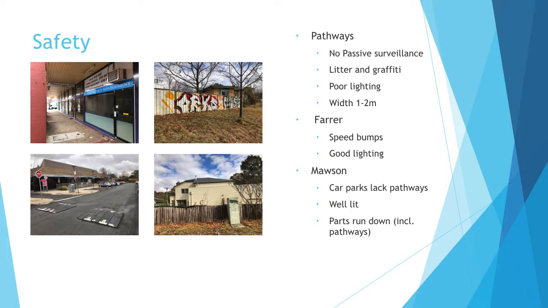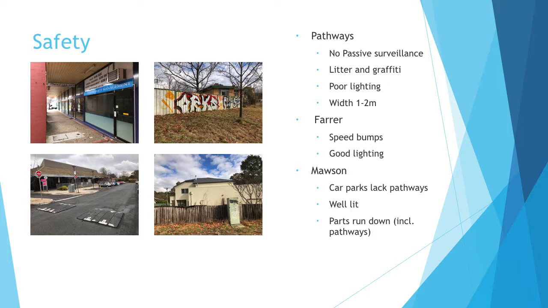Mawson car parks have no pathways, so there's the opportunity for conflict with cars. Cyclists will go through on the pavements. There's nothing really to get them to go off. So there's also the risk of conflict between pedestrians and cyclists. It's generally well lit.